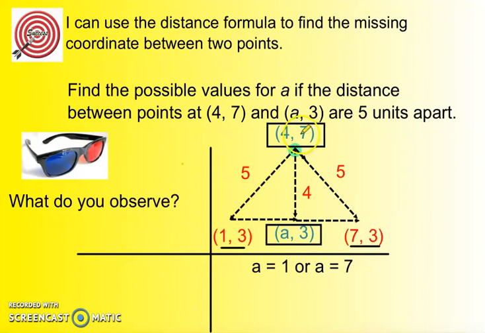Okay, so I do notice that this goes over 4 and up 7, and then a point is plotted there. I also notice that we know the y-coordinate for one of the ordered pairs, and we also know the y-coordinate for the other ordered pair.